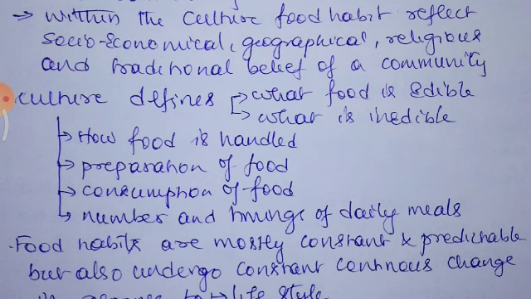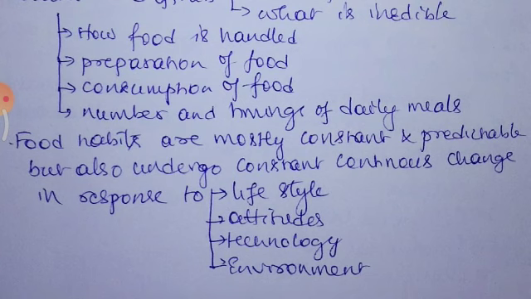Culture is vast, practiced by a community or a bigger population, whereas tradition belongs to a small group or within families. So culture is a vast aspect, and it is going to influence the food habits. Food habits are mostly constant and predictable.